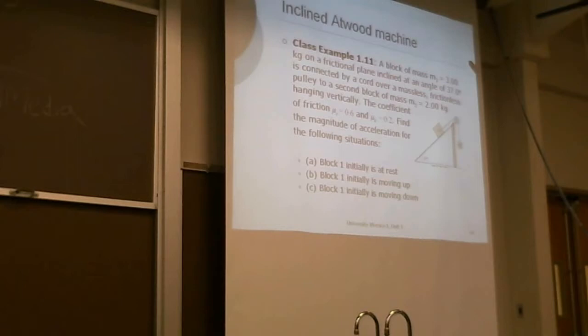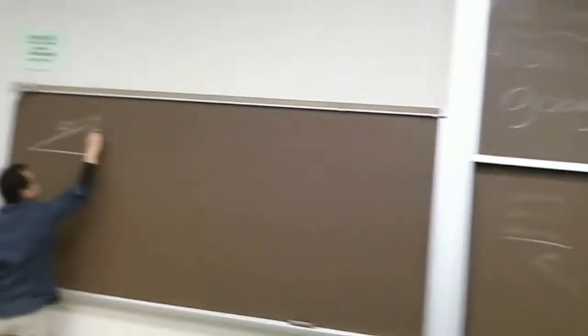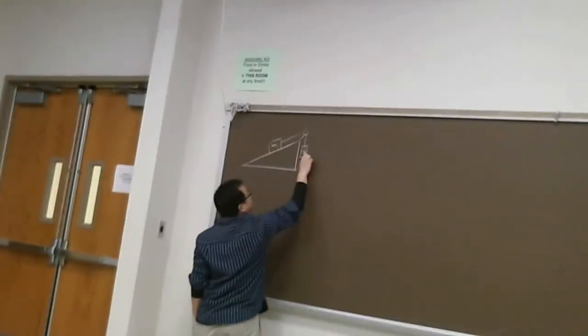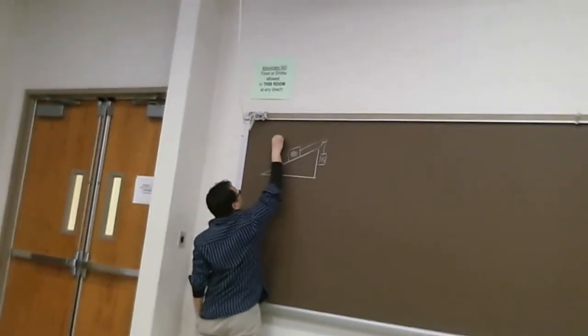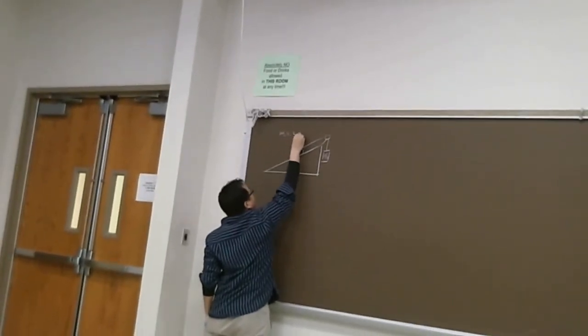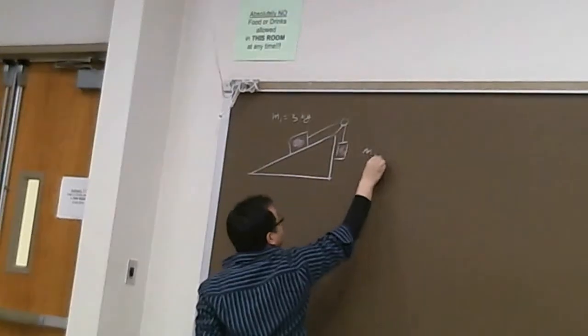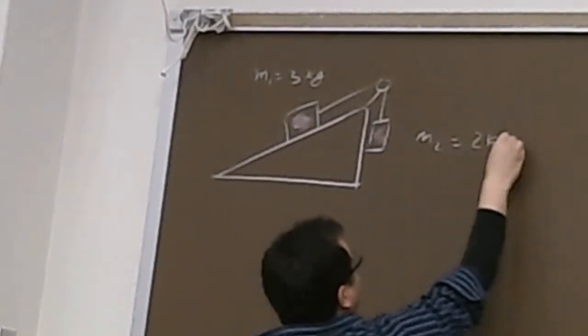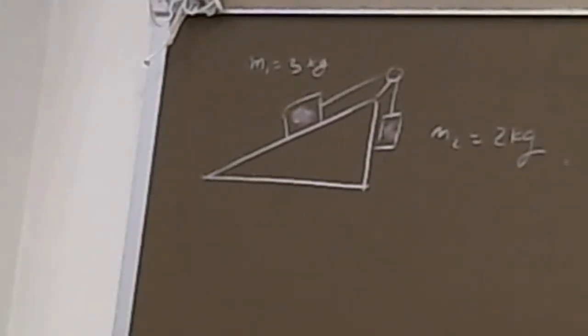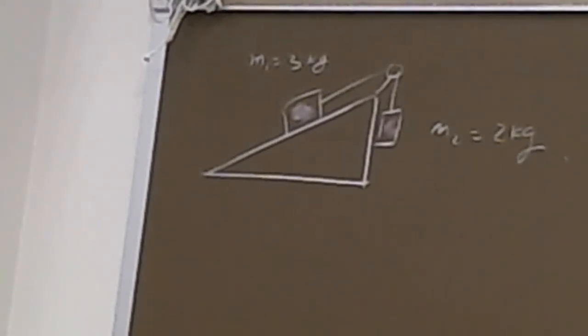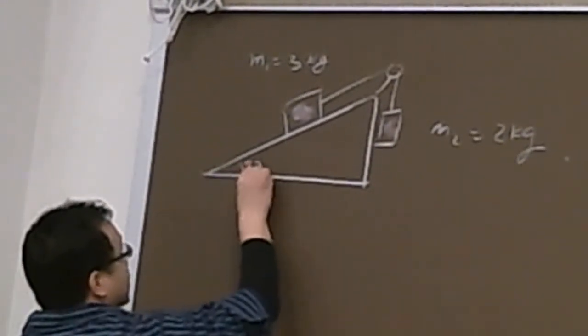Let's see situation A. This is M1. This is M2. Okay, what is the angle? 37.